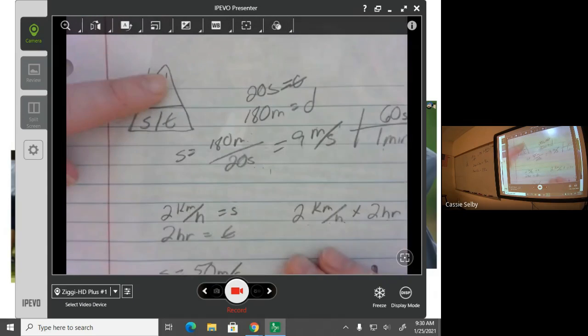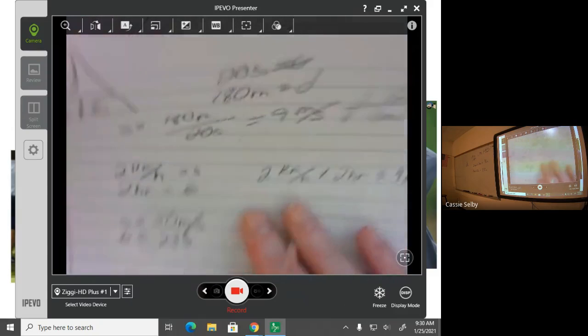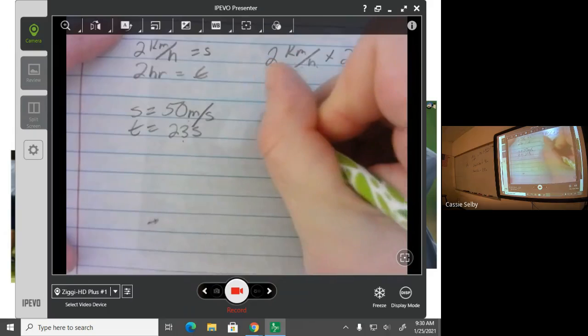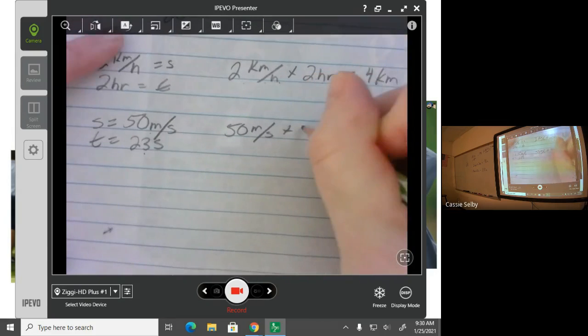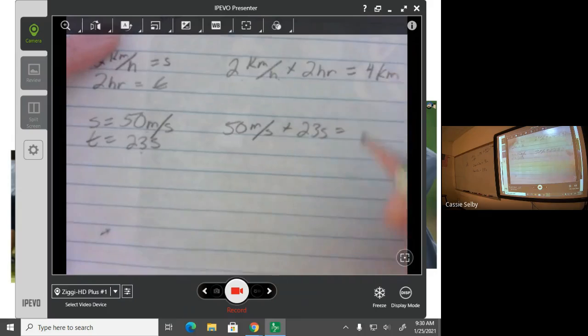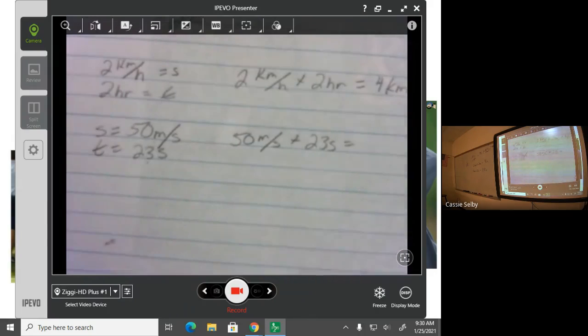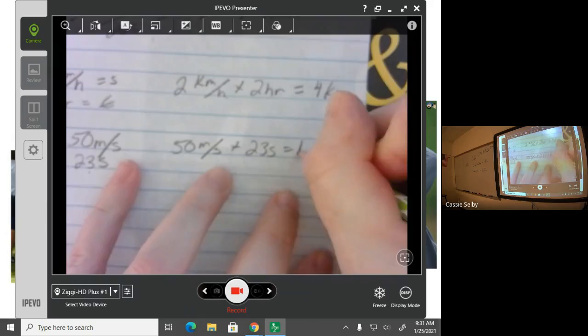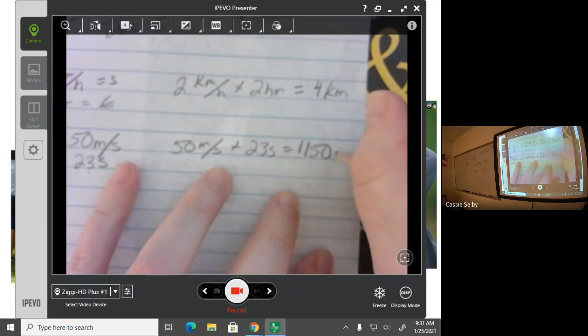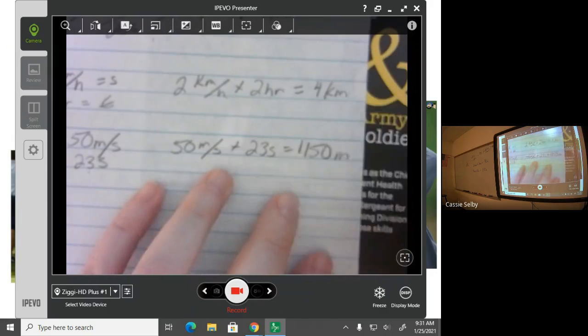So in order to find distance, we multiply those two. So we wind up with 50 meters per second times 23 seconds, and you wind up with 1,150 meters.